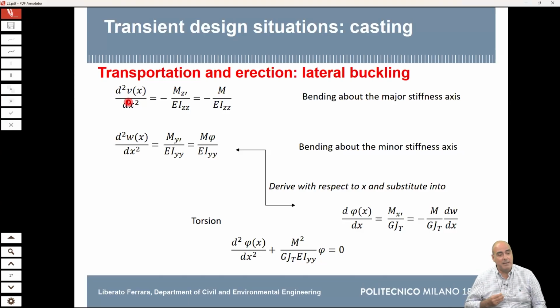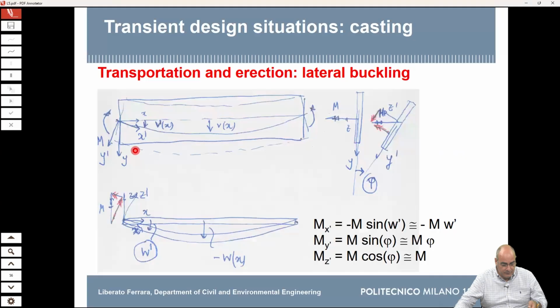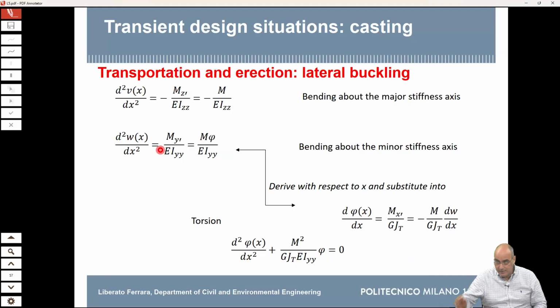Let's go, what happens with the other ones? Because we can write similar equations also for the lateral bending and for the torsion. For lateral bending, as you see, we had the deflection, which is this W here, but there is a change in the sign, because the reference system is such that we put minus W. So when you have a positive curvature, you also have a positive bending moment here.